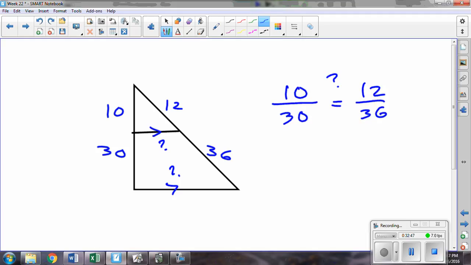Is it true? 360 and 360. So yes, because the proportion is true, we are certain these lines definitely are parallel. That's what the converse is used for. Are the lines parallel, yes or no? This just gives us another way to figure out if they're parallel.